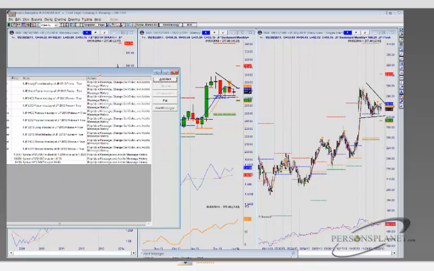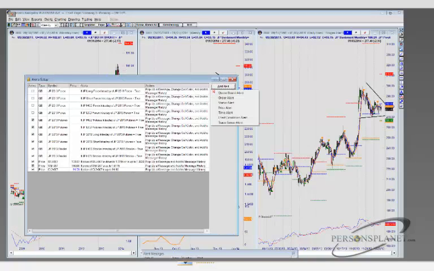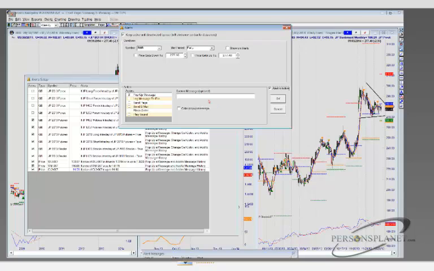So I'm just going to do it quickly. Add alert, price alert, and I want, if the price gets down to 270, and I want to show that on a chart.